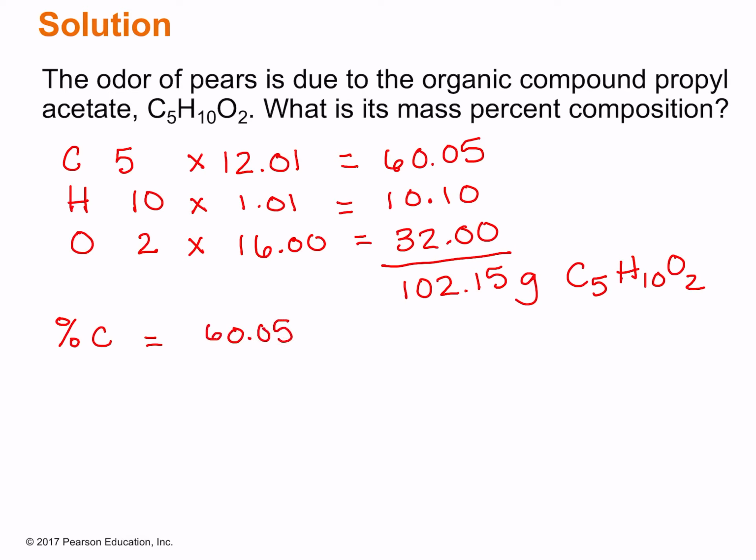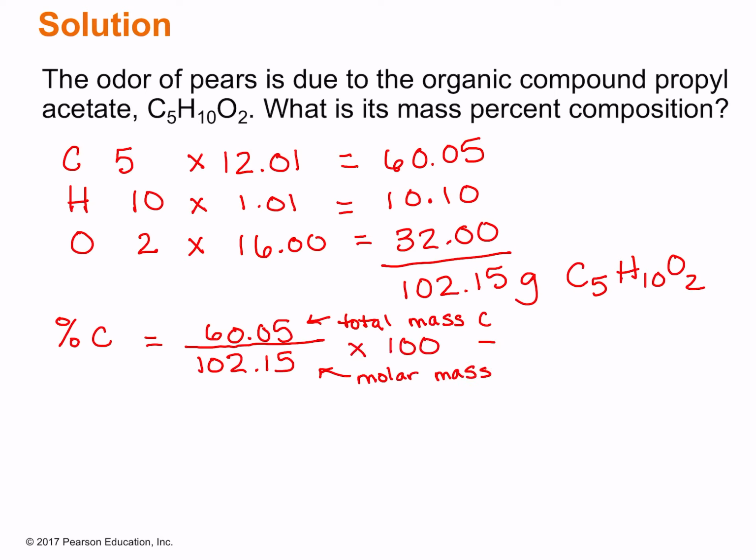So 60.05 divided by 102.15, which is the molar mass. So we're taking our total mass of carbon, right, and dividing it by the molar mass of the compound. And then we're going to multiply this by 100 to get the percent.